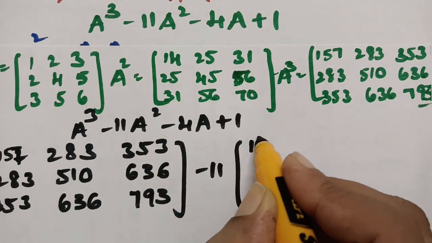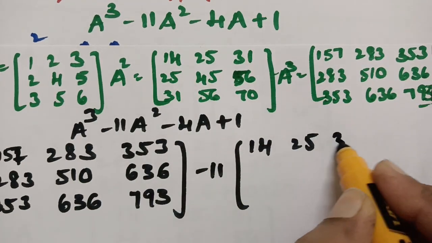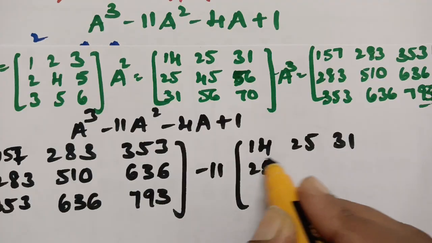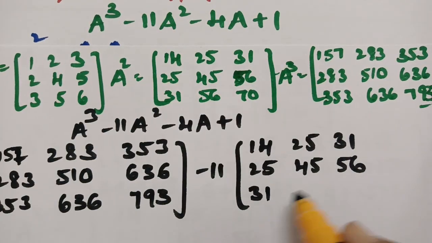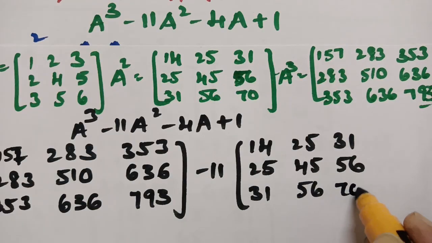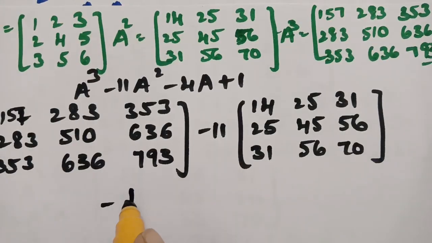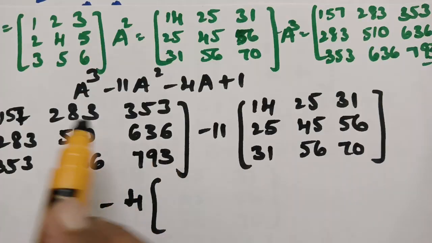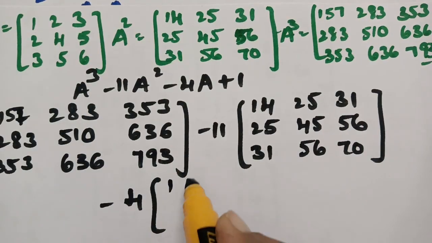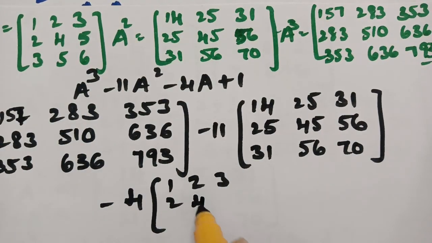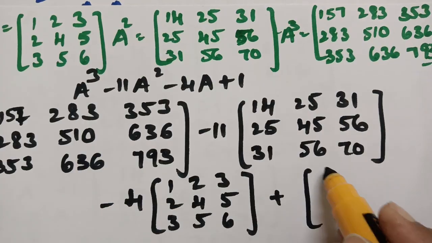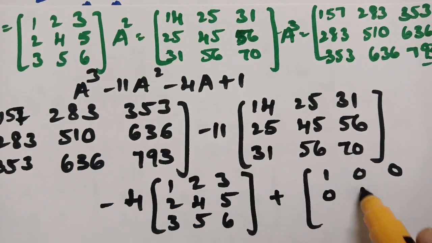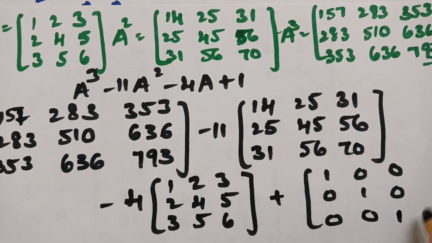What is our A squared? This is 14, 25, 31, 25, 45, 56, 31, 56, 70, minus 4 times A. A is also ready as [1, 2, 3], [2, 4, 5], [3, 5, 6], plus I, which is nothing but [1 0 0], [0 1 0], [0 0 1].